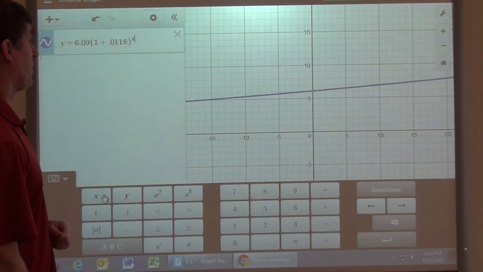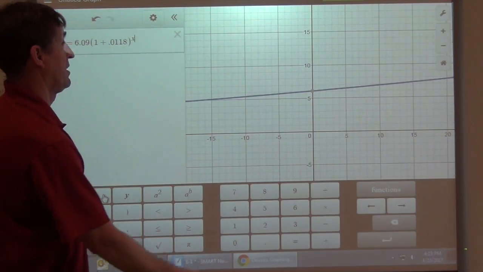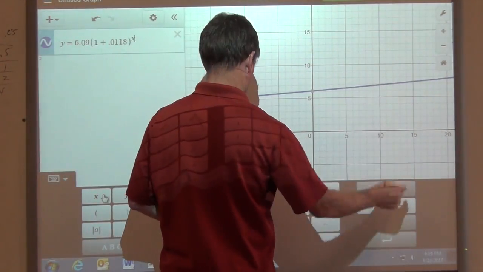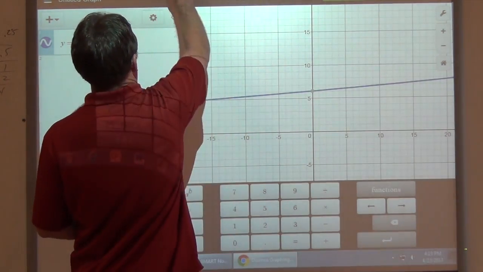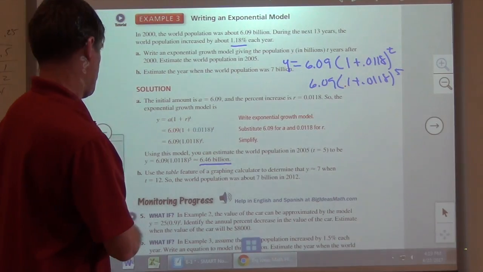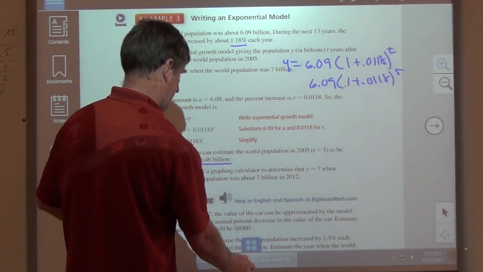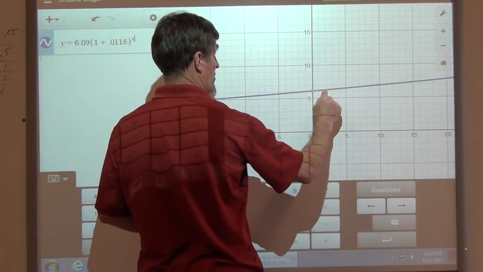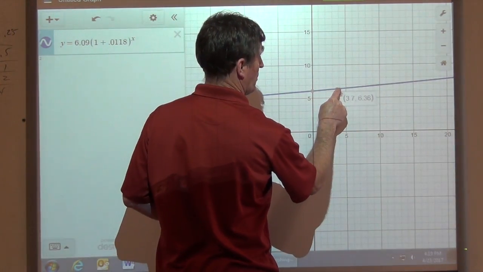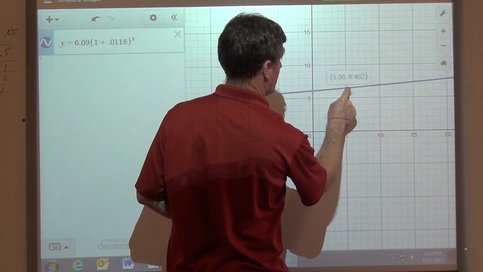And then we want to know when it's going to get to about 7 billion. Let's check. When is it going to reach 7 billion people? So, we just go here, and we're looking for 7.